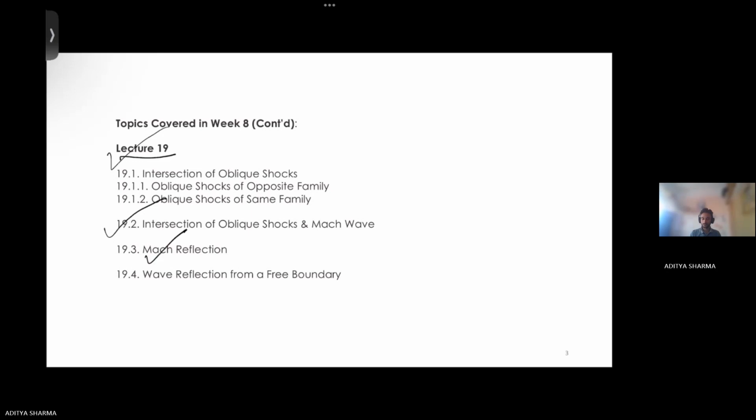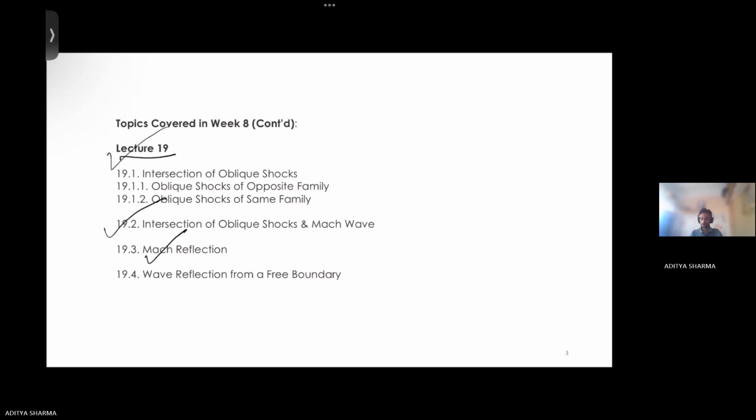For these types of interactions, from the interaction we get a curved type of shock.